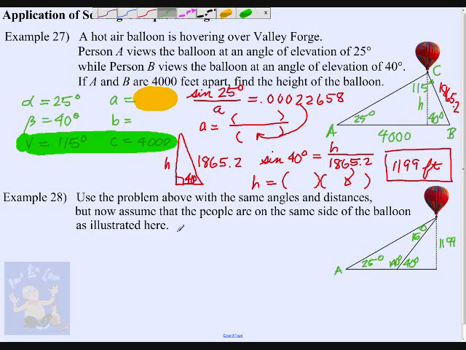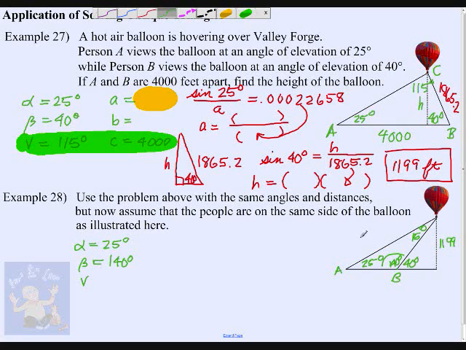So let's write it out. I've got alpha equals 25, and we're going to call this now our beta. Beta equals, this is what we're looking at right here, 140.